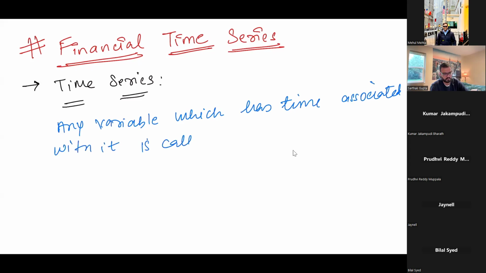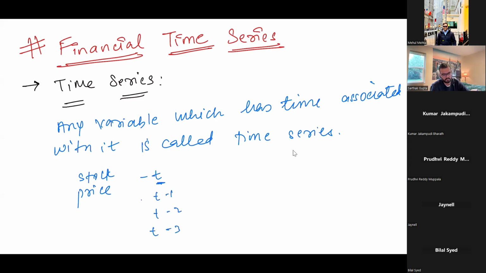This is in very simple words. Let's say stock prices: we can have stock prices at time t, which is as of today, t minus one, t minus two, t minus three. That's why we say stock prices are a time series, right?